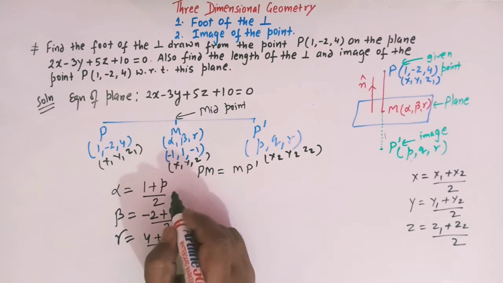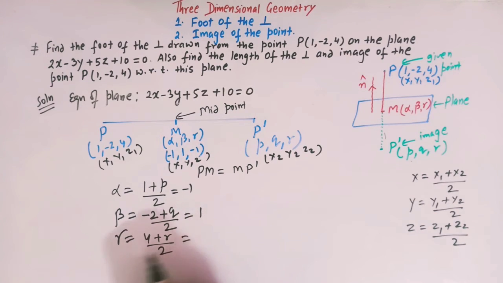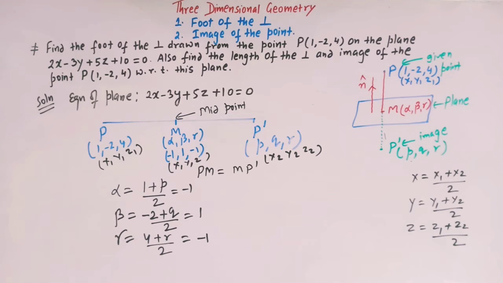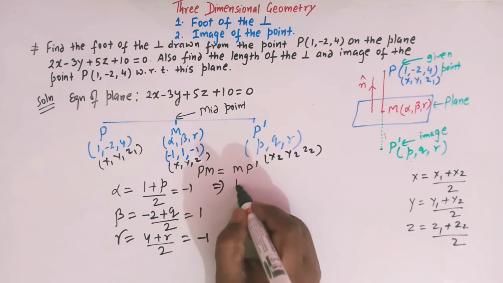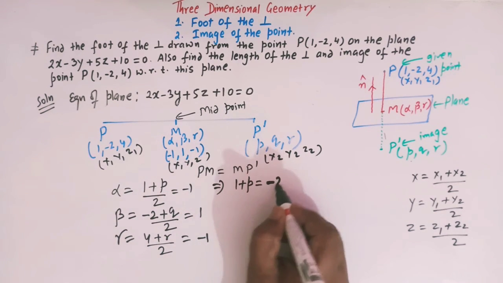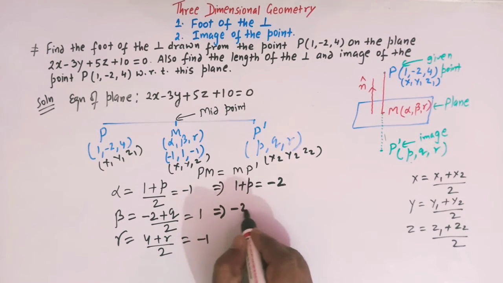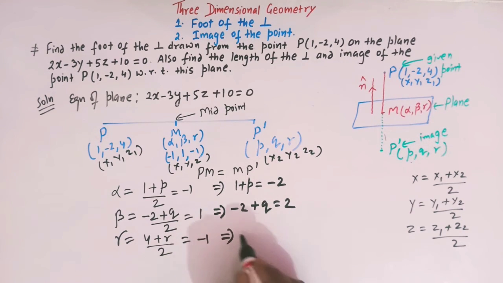So alpha is minus 1, beta is 1, and gamma is minus 1, right? So now we can solve these three equations to get the values of P, Q, and R. So 1 plus P is equal to minus 2, and minus 2 plus Q is equal to 2, and from here we have 4 plus R is equal to minus 2, right?